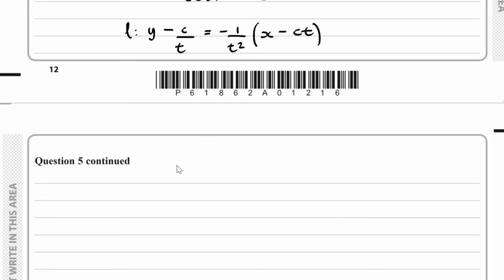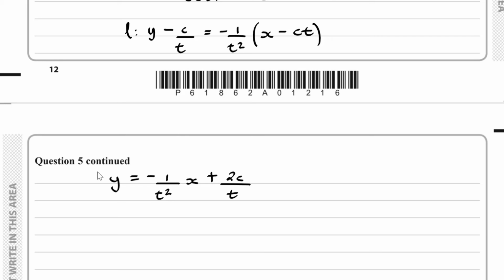So if we tidy all this up, we have y equals minus 1 over t squared x, and then minus 1 over t squared multiplied by minus c over t, which is positive c over t, and then if we add this to the other side, it turns out we get 2c over t. There's nothing complicated in what I've done over here. Now, that's our equation for L.